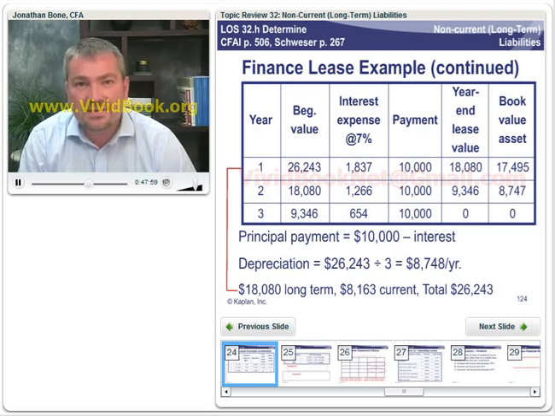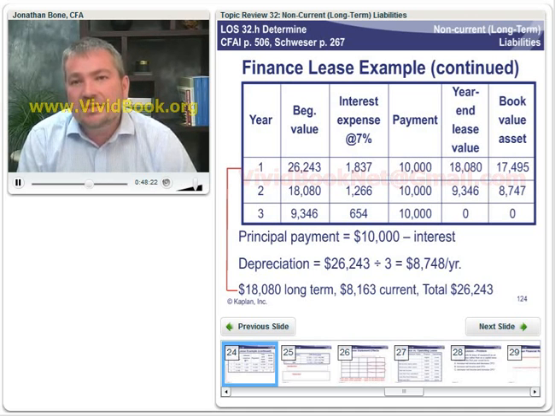Asset value was originally 26,243, so we've got a net book value, a carrying value, at the end of the second period of 8,747. And of course, at the end of the third year, the asset should be fully depreciated. No salvage values are involved here because we don't own the asset. It's the lessor that will receive the asset back at the end of the third year.